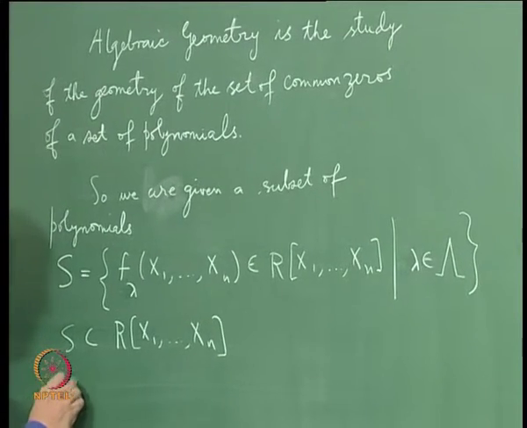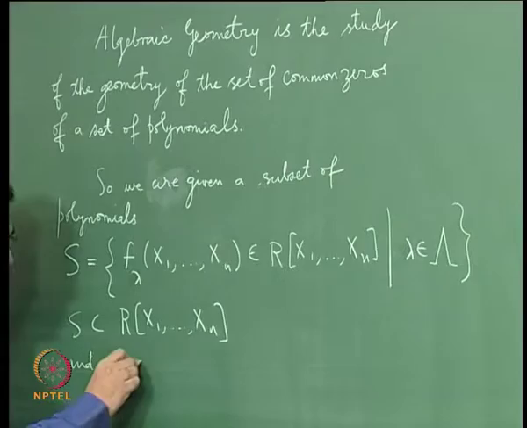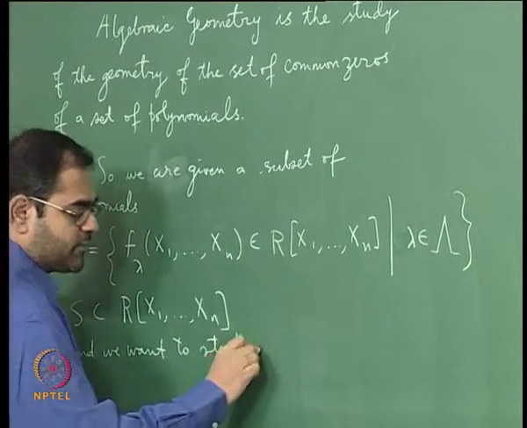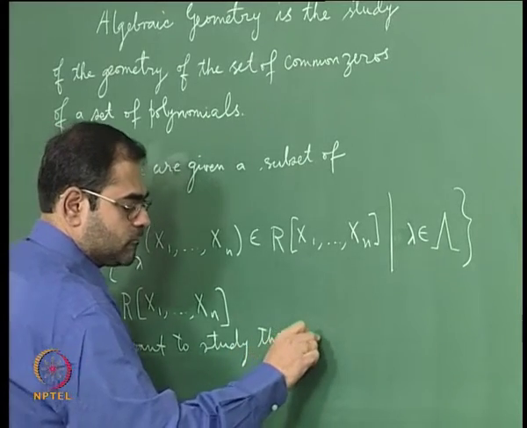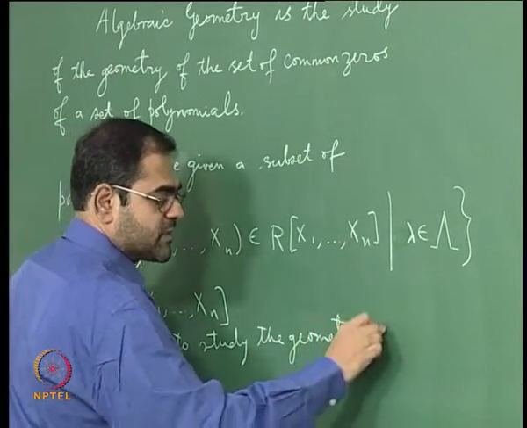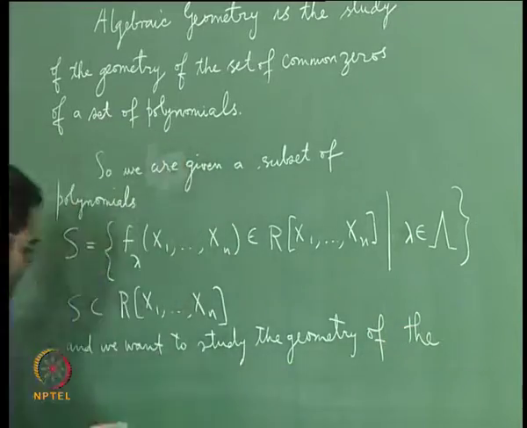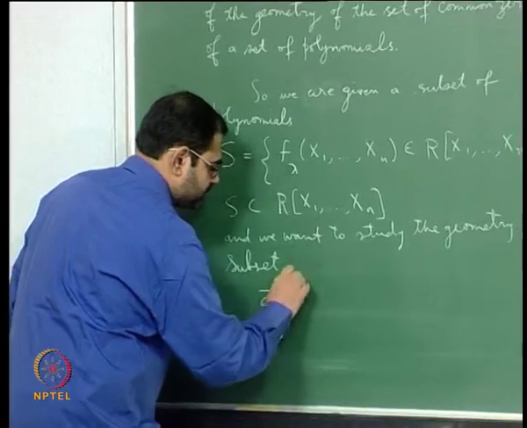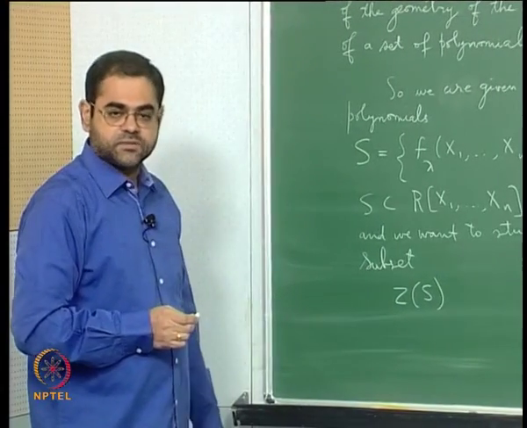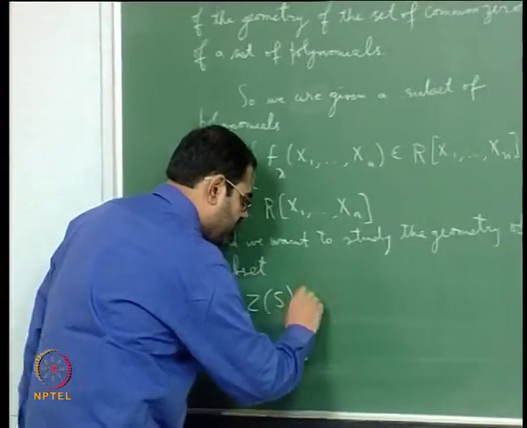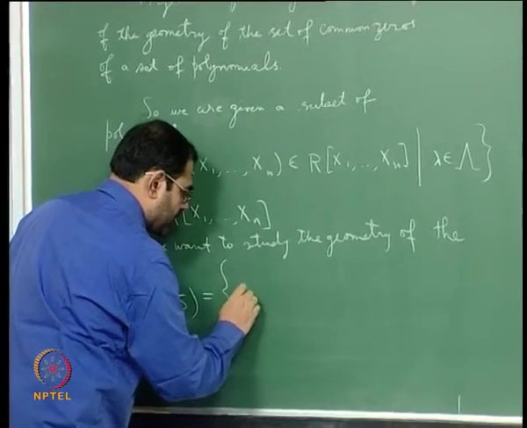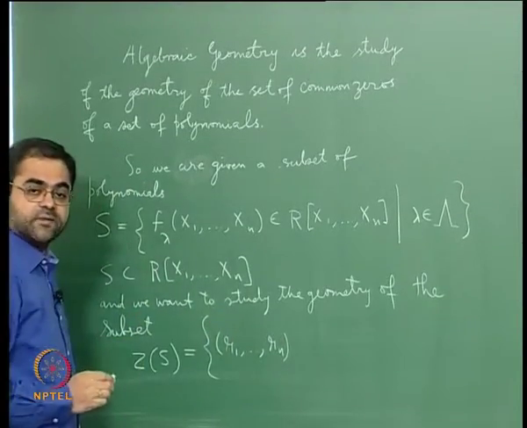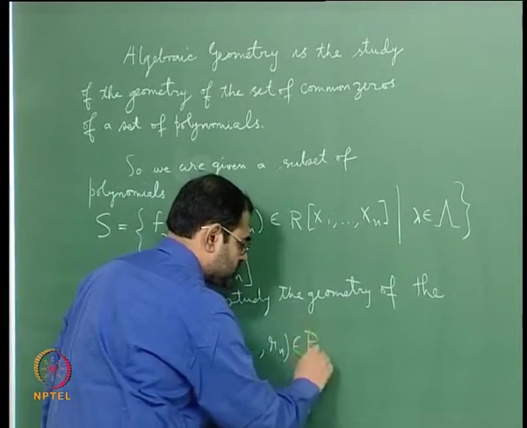and we want to study the geometry of the subset Z of S, the set of common zeros of S, and that is defined to be the set of all r1 etc. rn, n-tuples of elements of R, okay.